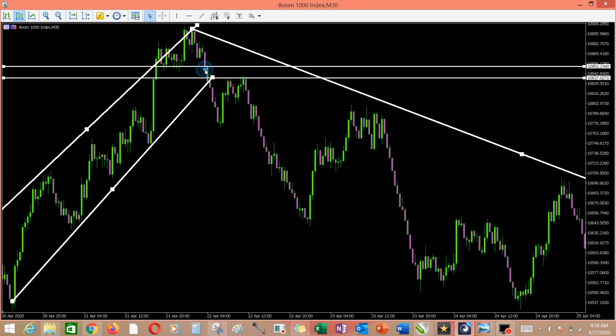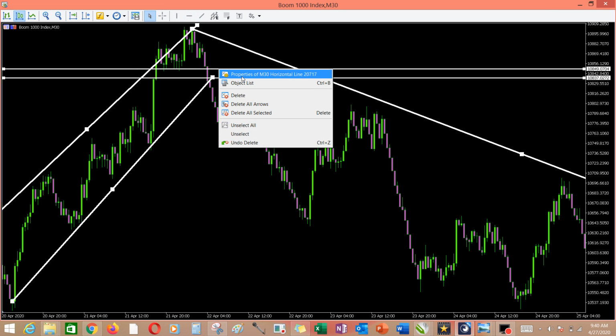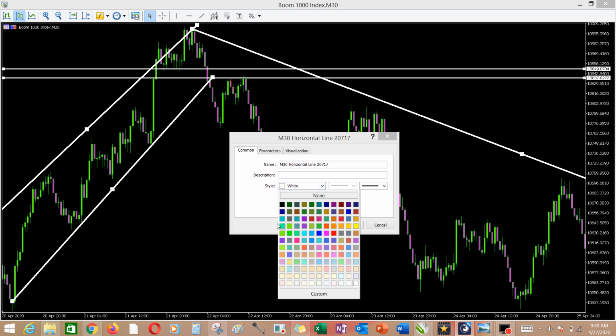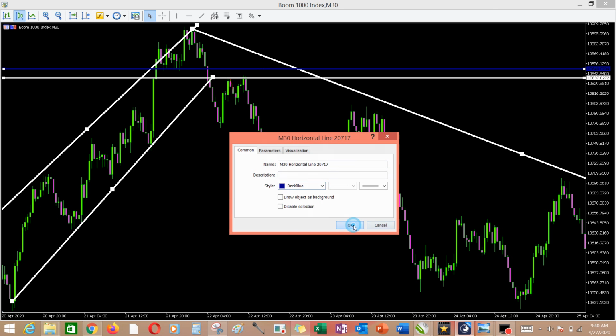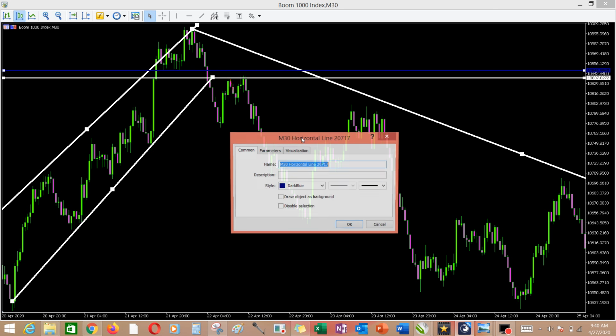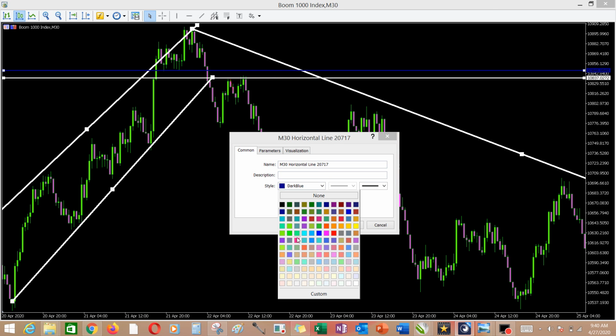Let me bring in another line. Let me change this line to blue so that we get to understand what we are discussing here. Okay, the blue line is my entry point. The blue is too dark.